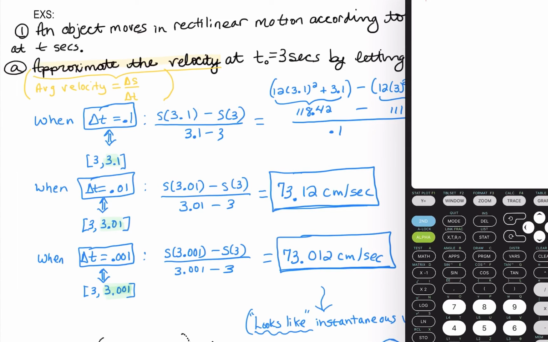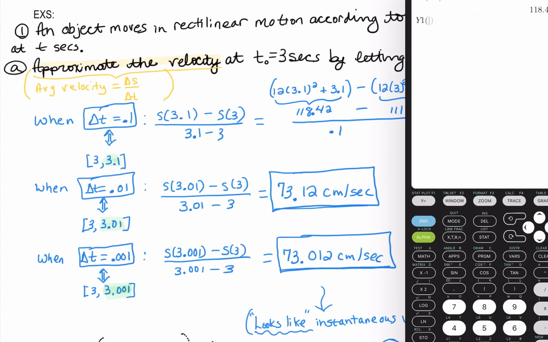So guess what? Your calculator recognizes function notation. You can do y1 left parenthesis of, like f of 3.1, right parenthesis close. And obviously that would give you your 118.2. But you could do this all in one fell swoop if you wanted to. You could do variables, y variables, function y1.